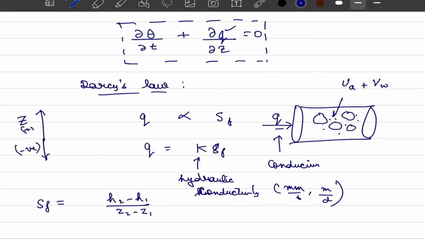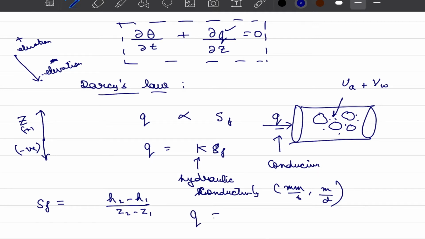Now with this sign convention, we must ensure that flow only takes place from the point of higher elevation to lower elevation, because if we remove all the other heads and assume the flow takes place only through the action of gravity, we know that water will always flow from higher elevation to lower elevation. But if you simply see this formula, that sign convention is not taken care of.